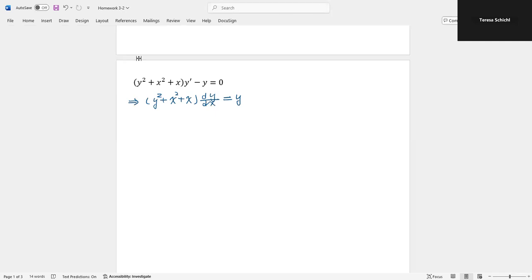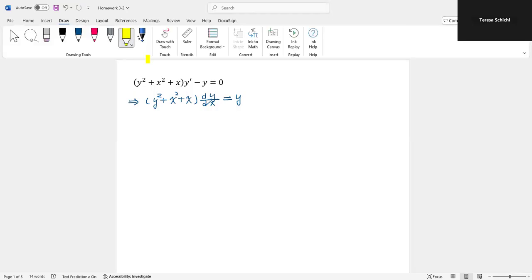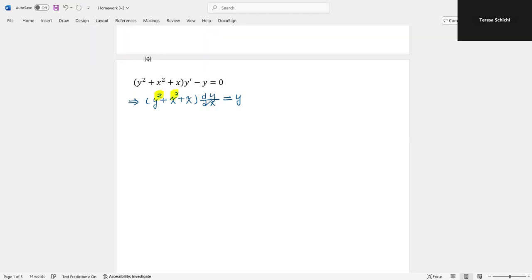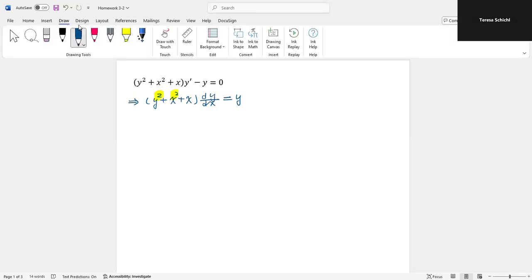Because I have y squared and x squared here, the substitution I was trying to use is x over y, so that I can simplify this.